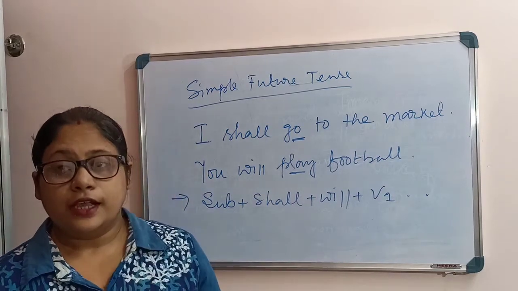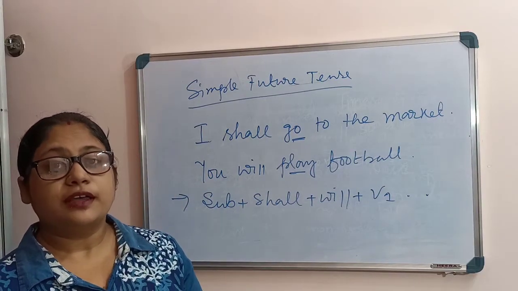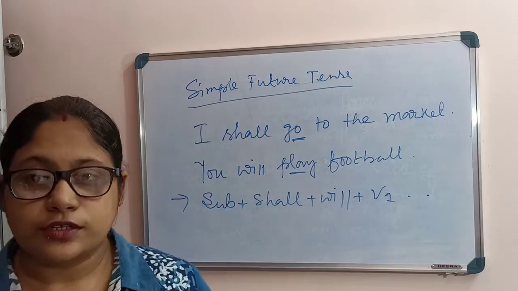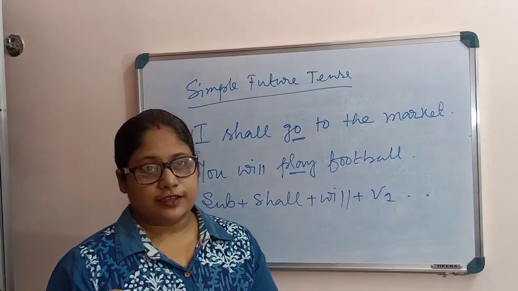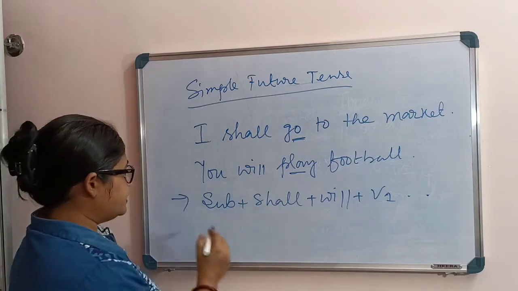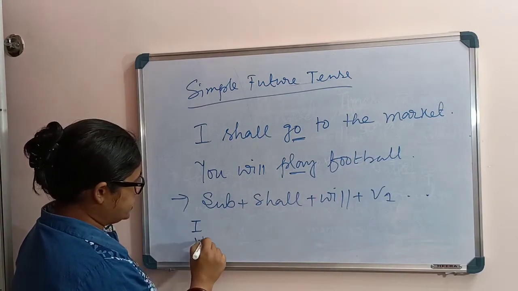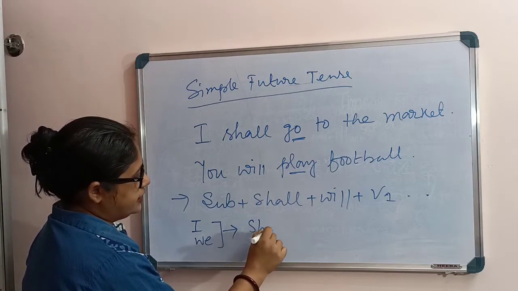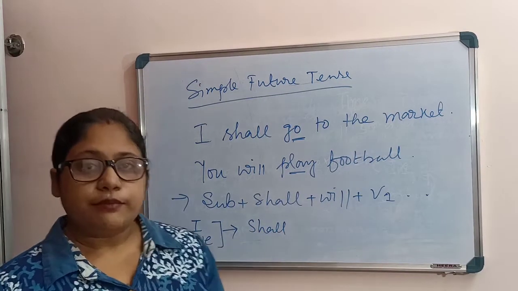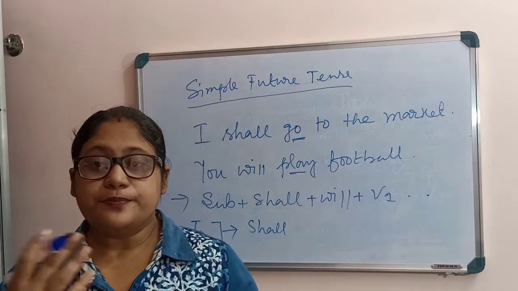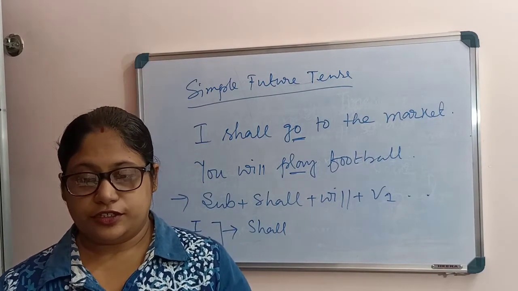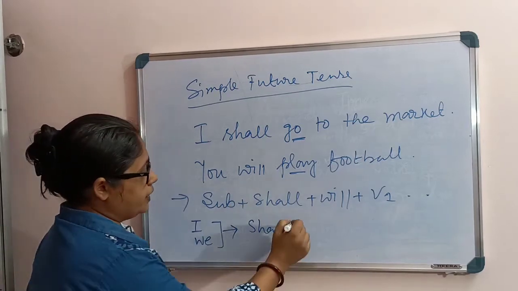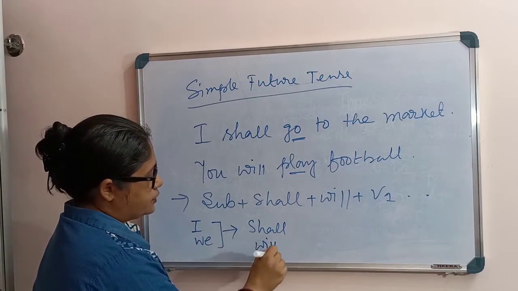Now one student, so far as I remember, at the very beginning of our grammar class, once asked me about the usage of shall and will. Shall we generally use with first person singular and plural, I and we. But generally when we speak, we often mix up shall and will together.